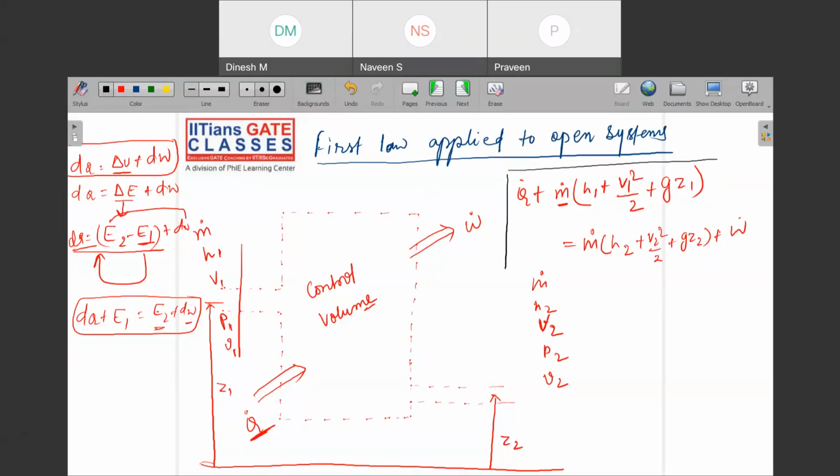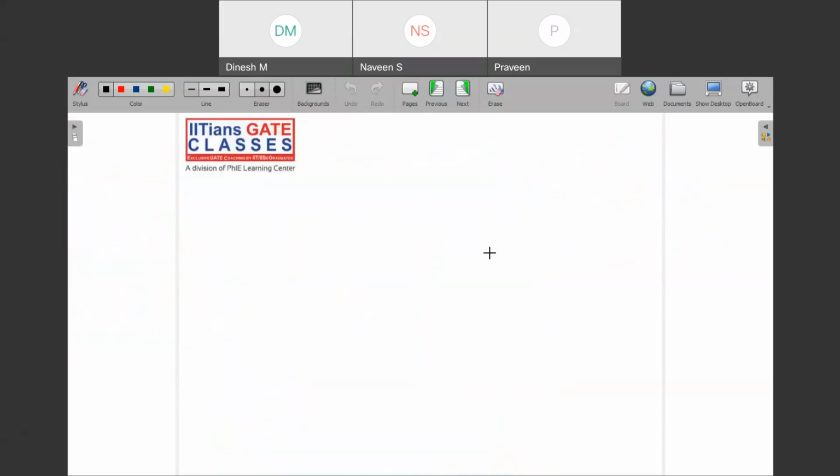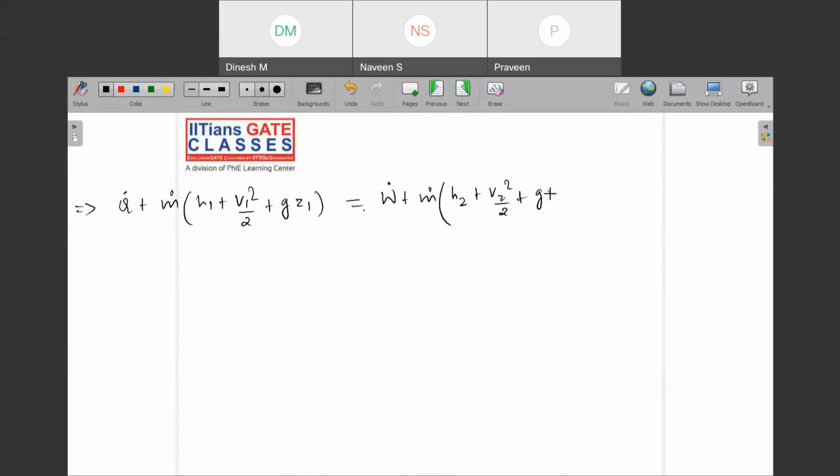So if I write this one as generalized term, like which we used to see, it is Q dot plus m dot into h1 plus v1 square by 2 plus g into z1 is equal to W dot plus m dot into h2 plus v2 square by 2 plus g into z2.